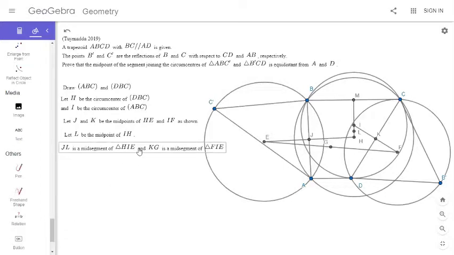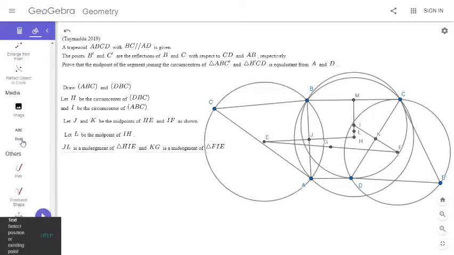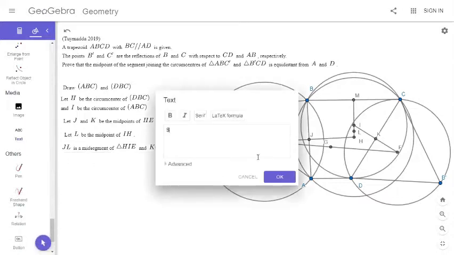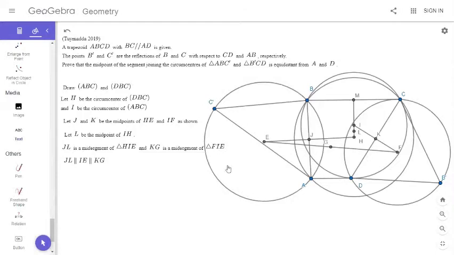It overlaps a little bit. Oh well. So that means that JL is parallel to IE is parallel to KG. And then similarly, KL is parallel to JG.